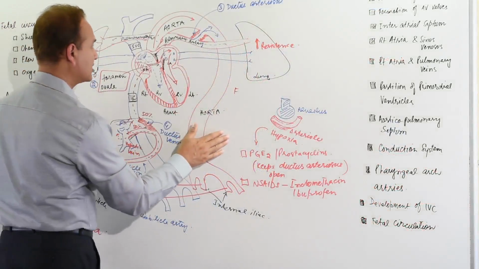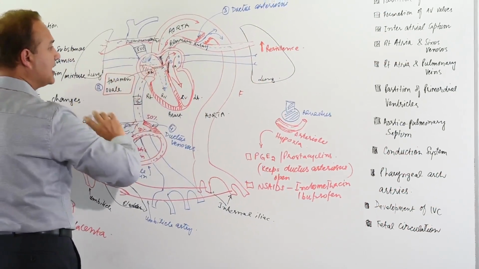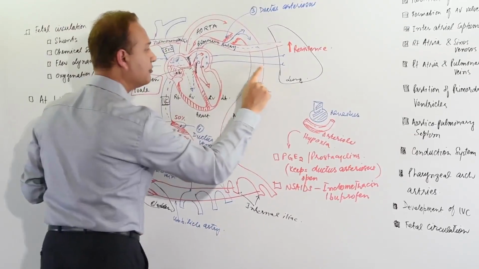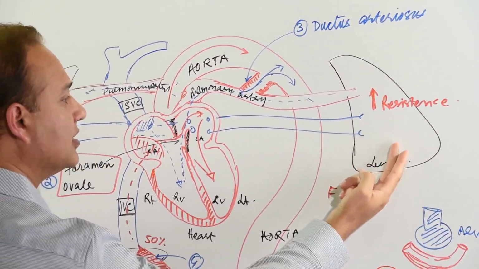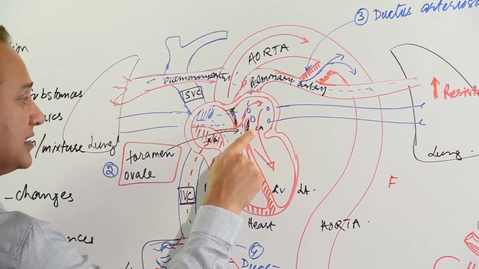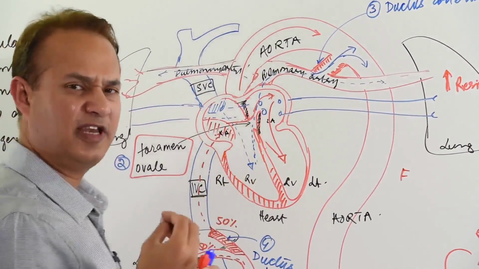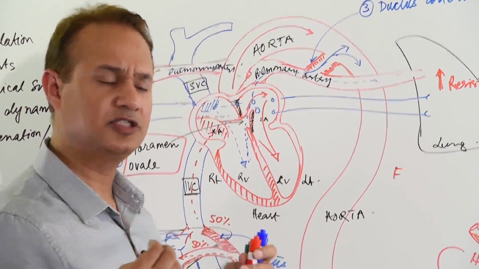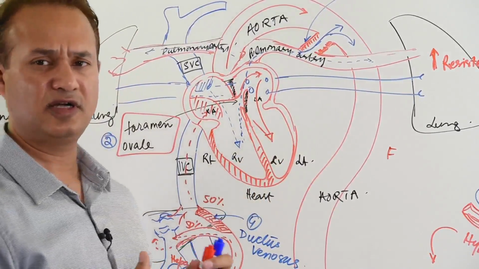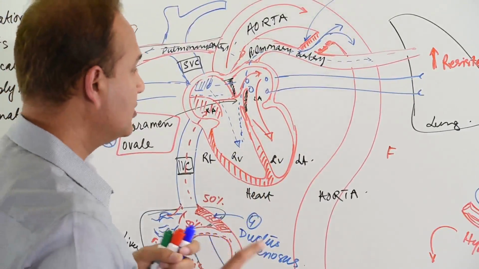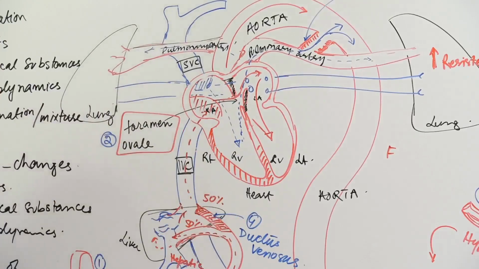Continuing with the discussion, one more thing here: the pulmonary veins are bringing the blood back from the lungs to the left atrium, a very tiny amount of deoxygenated blood, and that also gets mixed in the left side, but it is really insignificant. So that is the fetal circulation.